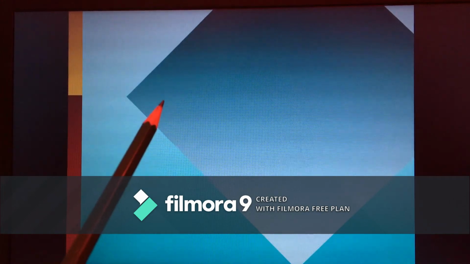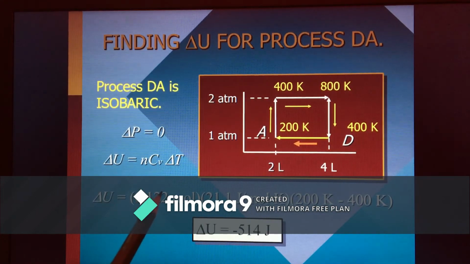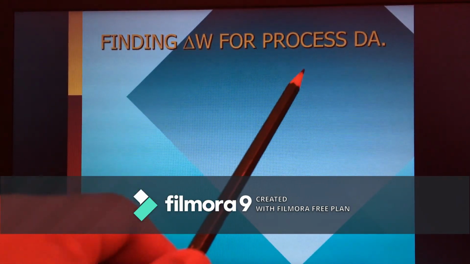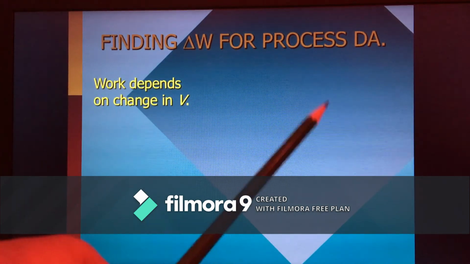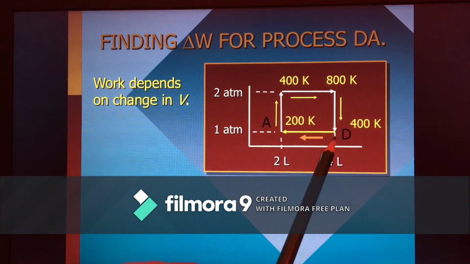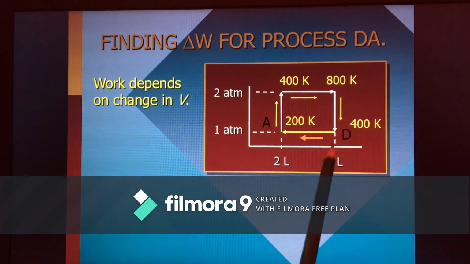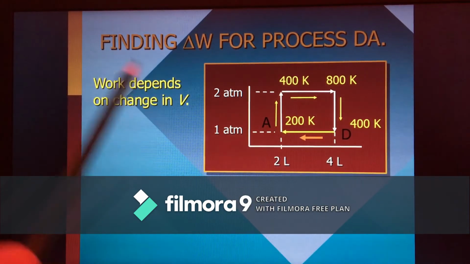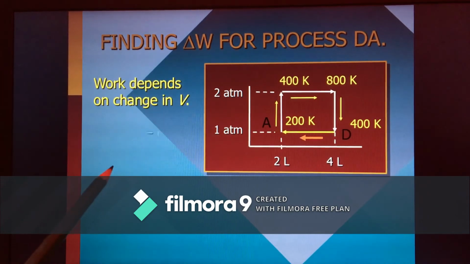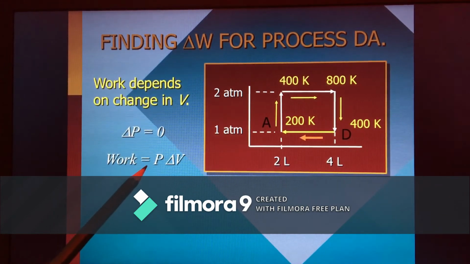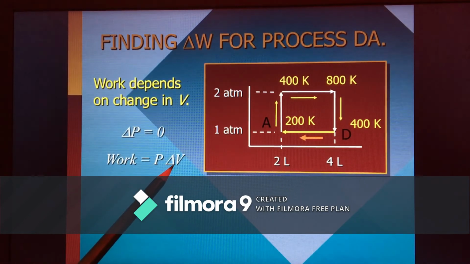Now next, we have to find the work for the process DA. For the process DA, we know that work depends on the change in volume. Here the volume at point D is 4 liters, then at point A the volume is 2 liters. From this relationship, work is equal to the pressure multiplied by the change of volume.